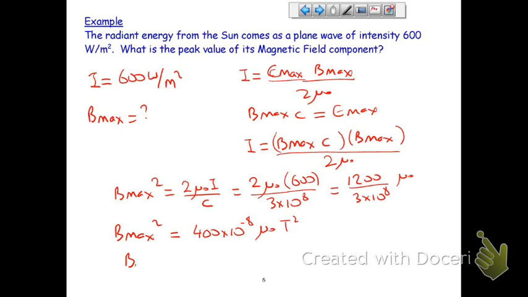So B max is equal to the square root of 400 times 10 to the minus 8 mu naught Tesla. And you can leave it like that. That's the second skill.